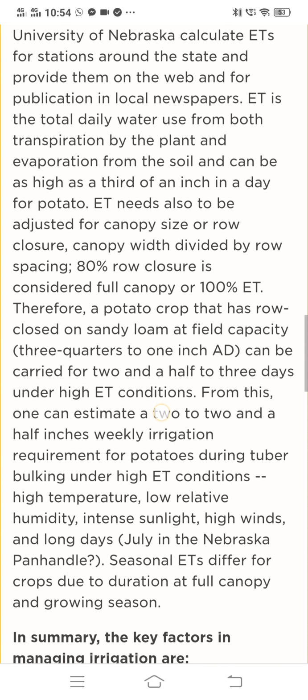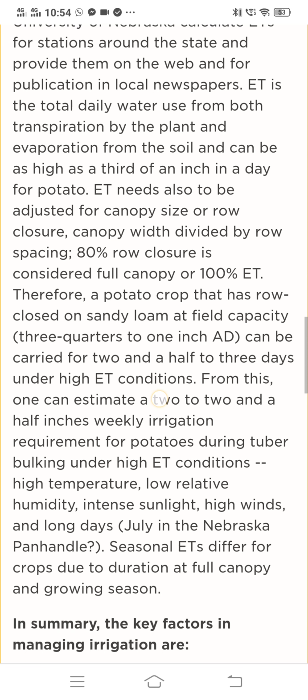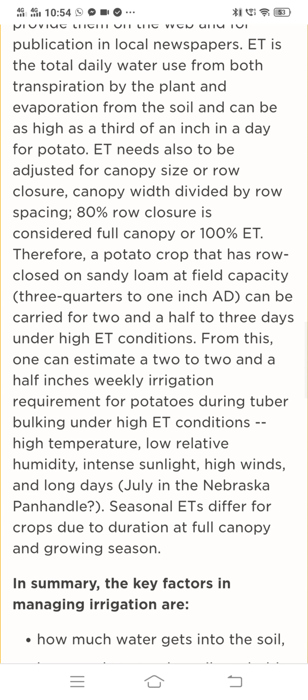And how it is used. ET is the total daily water use from both transpiration by the plant and evaporation by the soil, and can be as high as a third of an inch in a day for any crop.